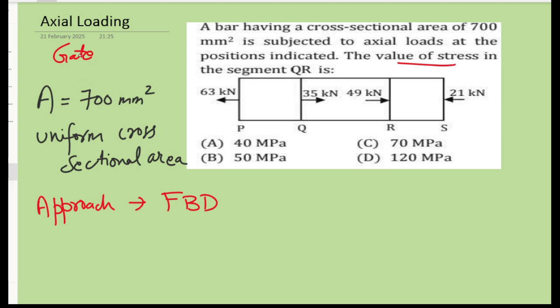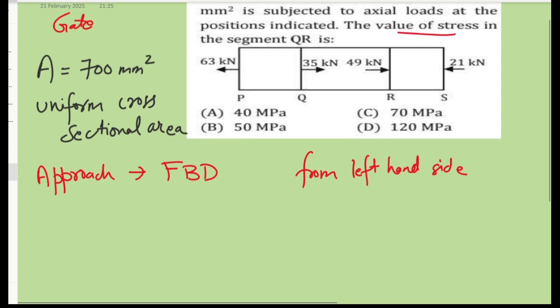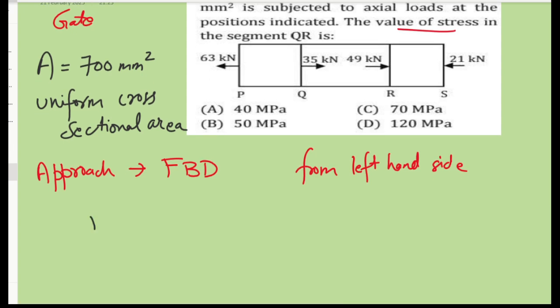Okay, so first of all, if we move from the left hand side, we will make the FBD of each and every section. So the PQ section. Okay, this we can see, this is PQ.